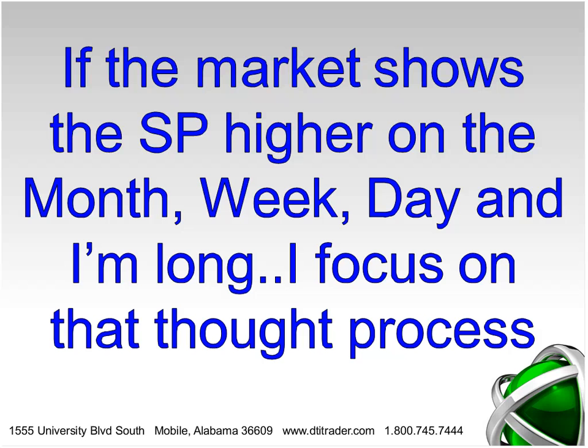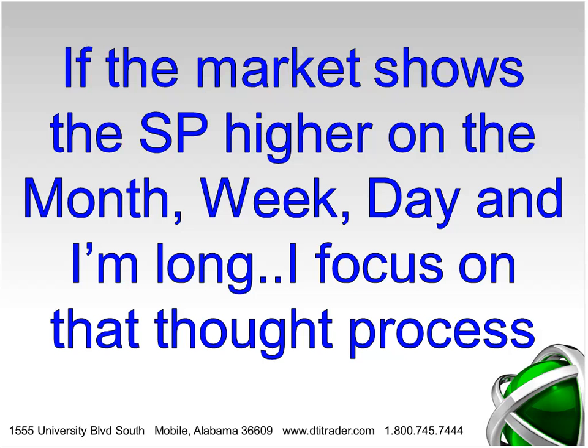So, if you think about it, 75% of all stocks in the S&P 500 track the S&P 500. So if we go in Tuesday and the S&P is higher than 1845, then I am looking for higher prices.